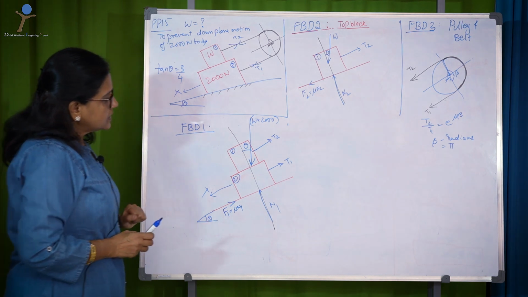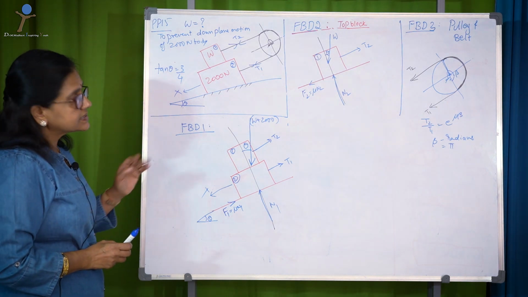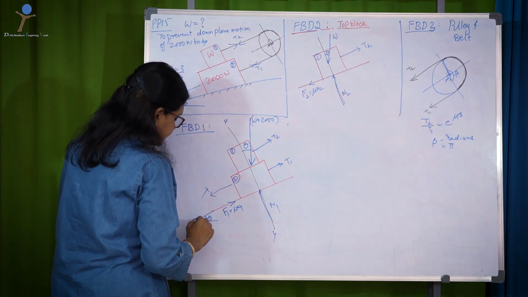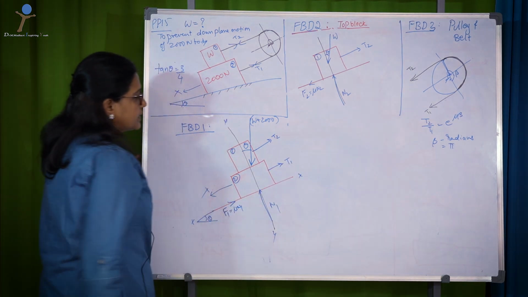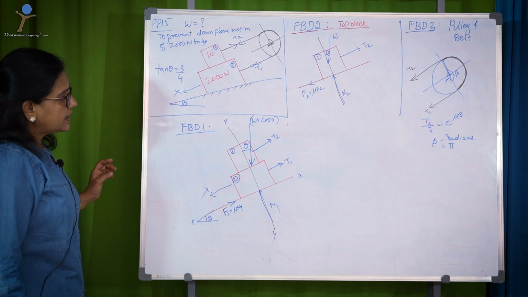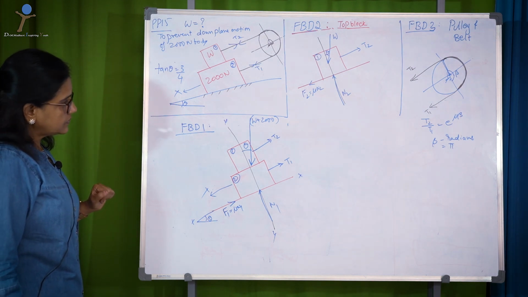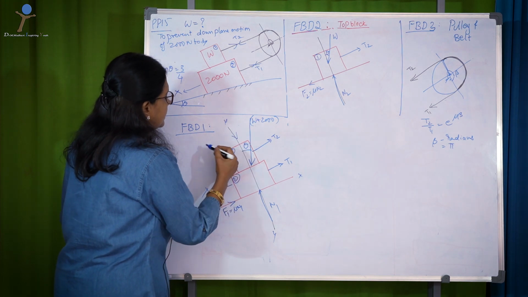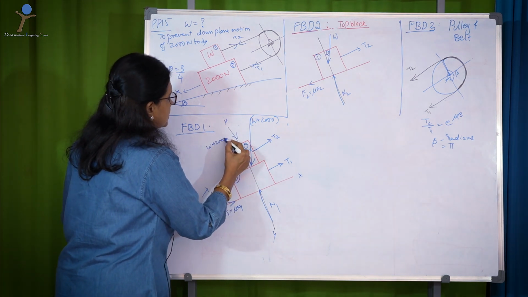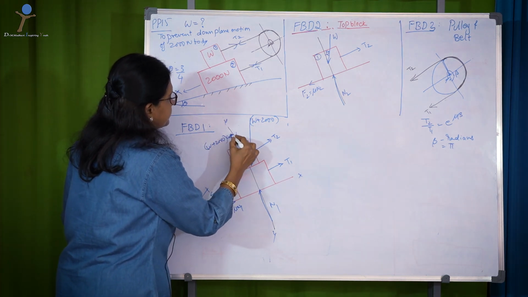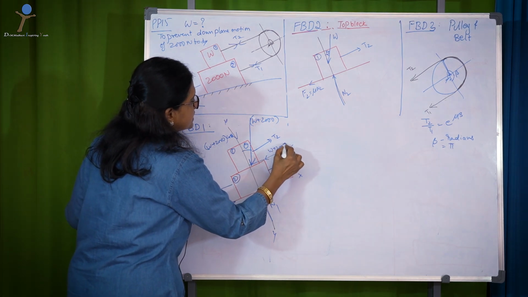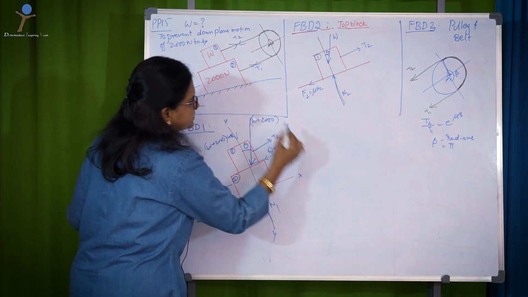In this case, you just have to resolve these forces onto this plane, along the y and x directions, giving W plus 2000 times cos theta and W plus 2000 times sin theta.